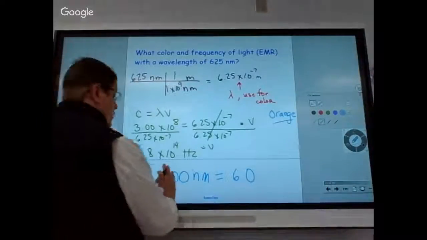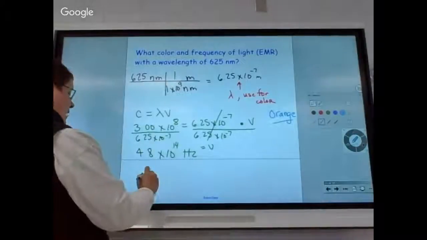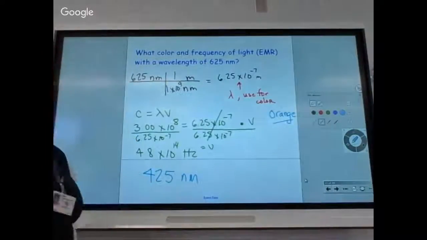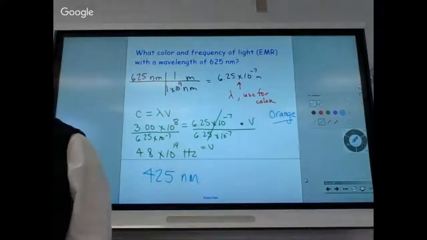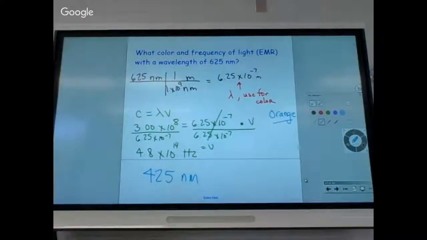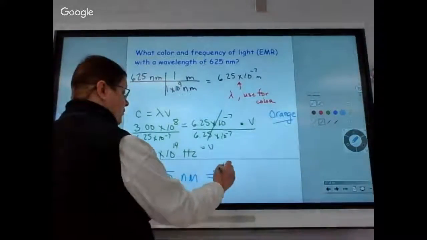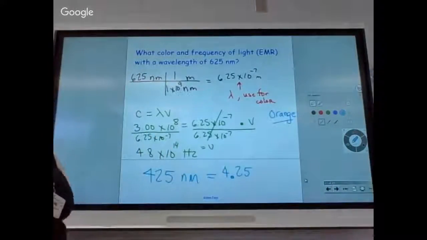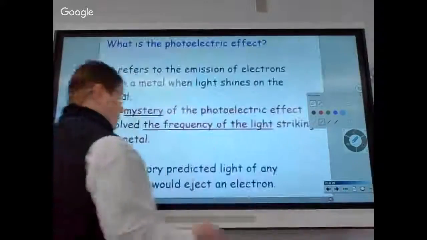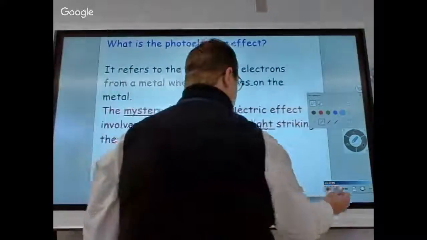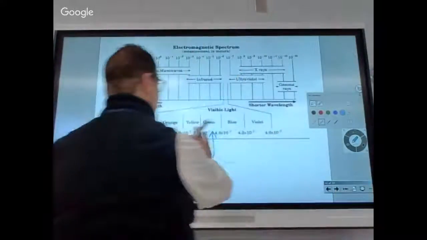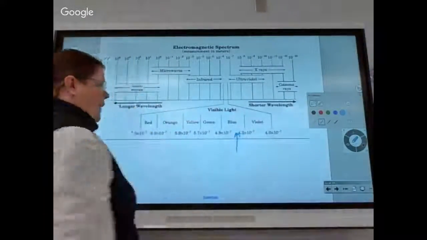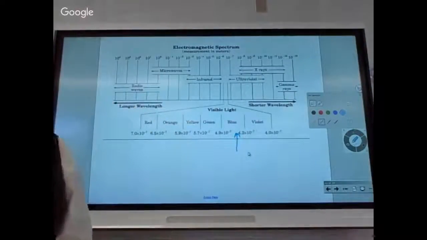If I give you some nanometers, like I say 425 nanometers, and all I say is what color of light is it? You can shortcut this and change it to 4.25 and just look up the color on the chart, and find 4.25 and go, okay, 4.25 is barely over the line and it's going to be a blue color.